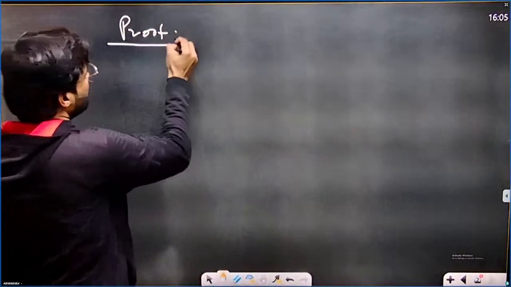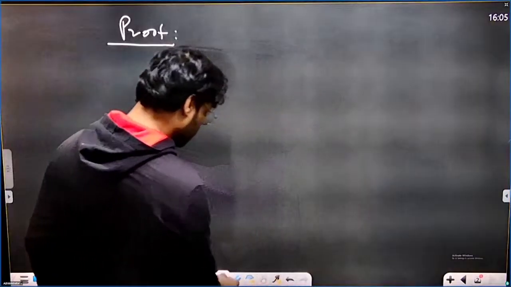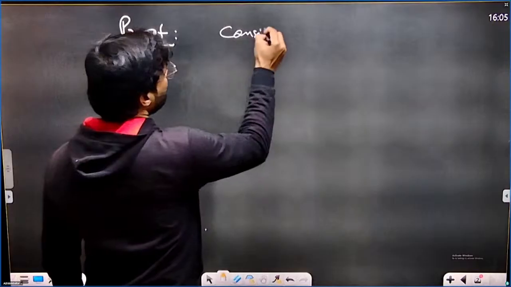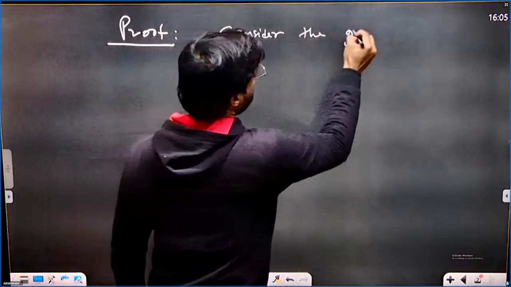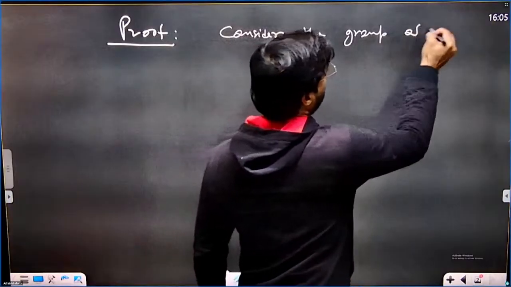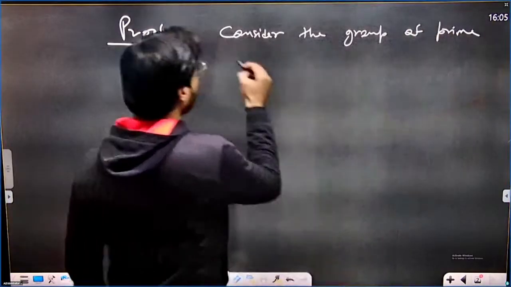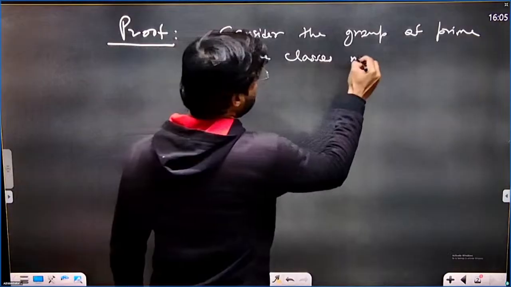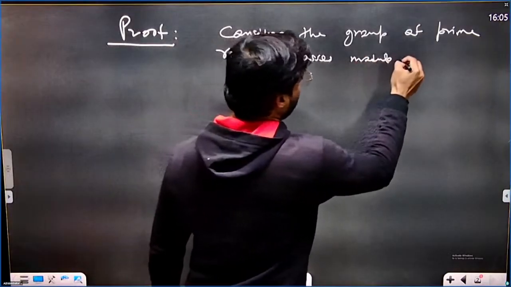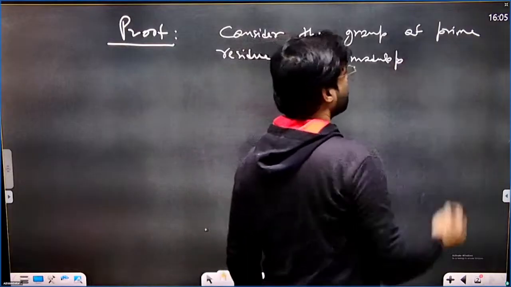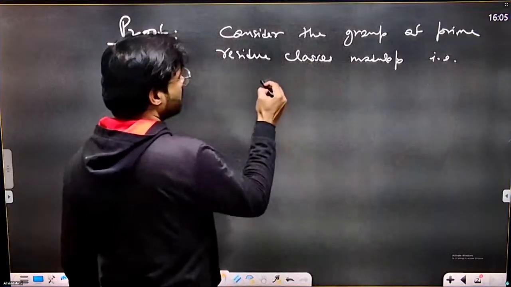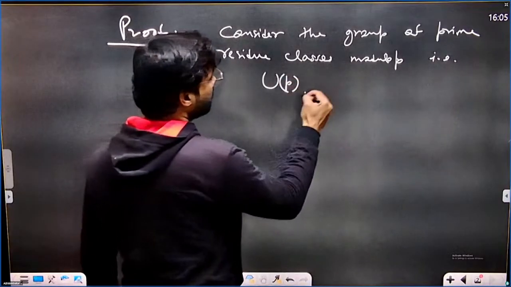Proof. Consider the group of prime residue classes modulo p, that is U_p with the multiplication.